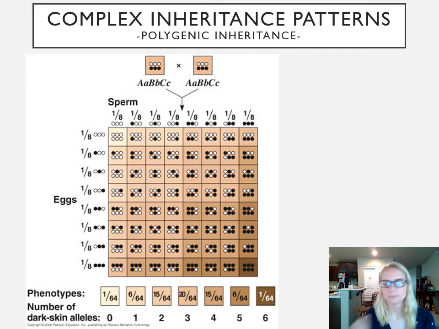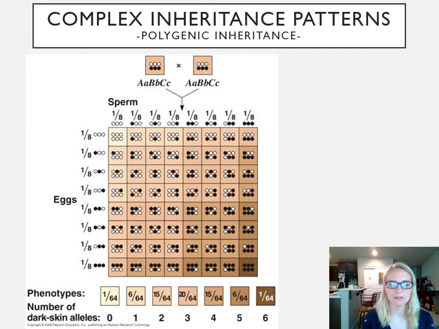Most of our phenotypic expressions that have a range or a gradient of phenotypes are not caused by one gene. They're caused by multiple genes, not just multiple alleles, multiple genes. So that was hair color, eye color, skin color, height. Anything that's kind of on a range is going to be caused by many genes.